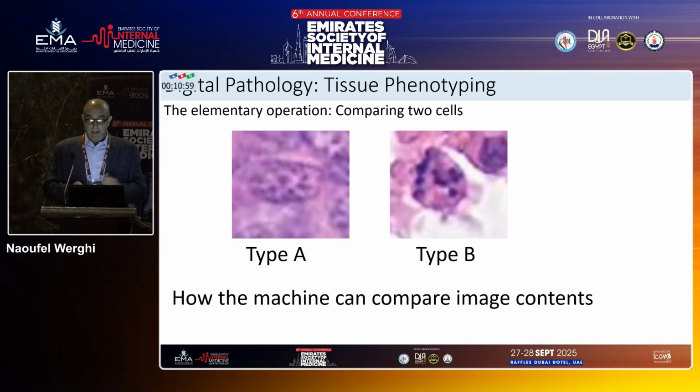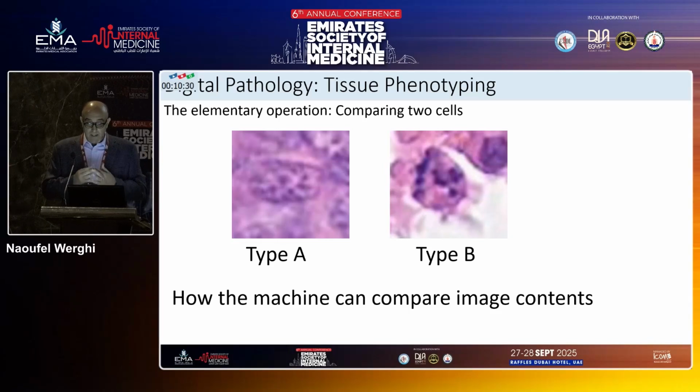So in this classification operation, when you want to classify the cells and put them into different groups or clusters, the basic operation, of course, is to compare a pair of cells and tell whether they are the same or not, or whether they belong to the same category of cells or not. So if you have 2 cells, type A and type B, we want the machine to tell whether they are different or they might be the same.